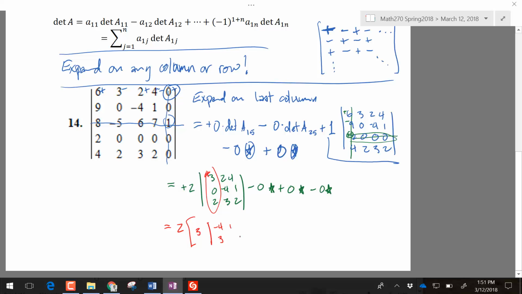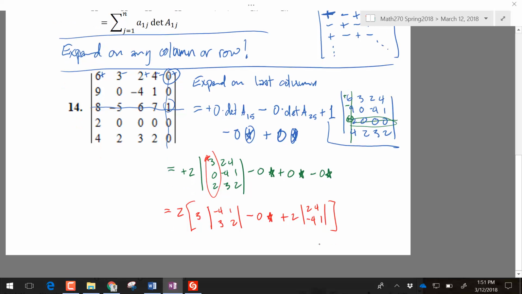This is a positive 3, right? 2 minus 0 times something that I don't care about, plus 2 times 2, 4, minus 4, 1. Let me make sure I got my minus 4 right here. Hopefully I did that right.